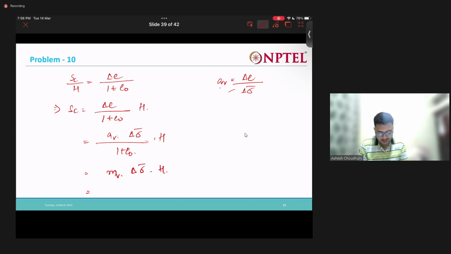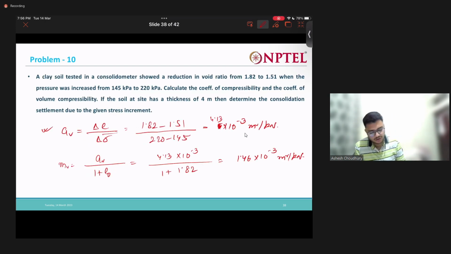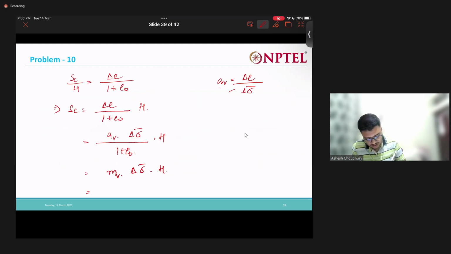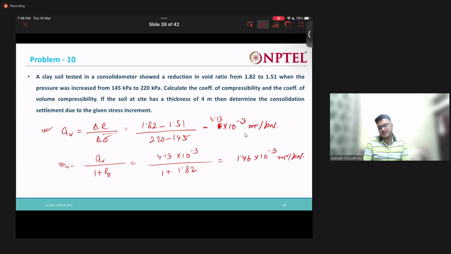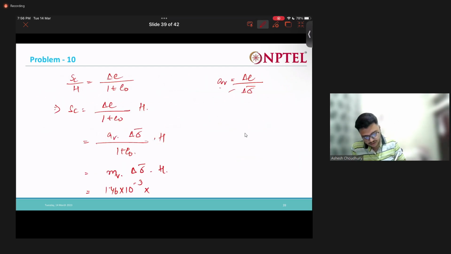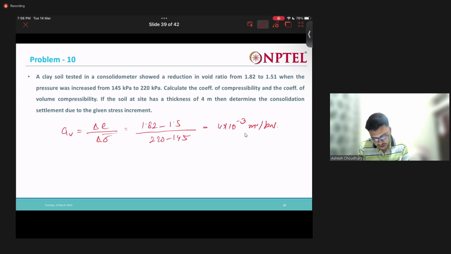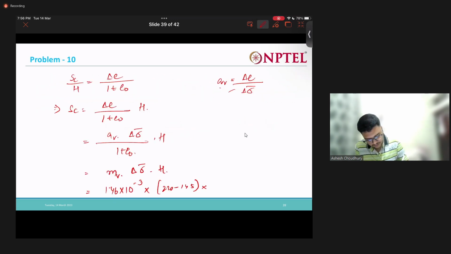So now MV value I have, I just found it out, 1.46 into 10 to the power minus 3. What is the change in stress? 145 to 220. So 220 minus 145 into H. So what is the H? H is 4 meters.